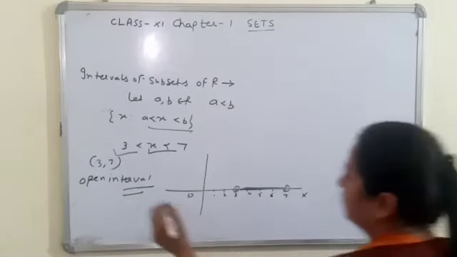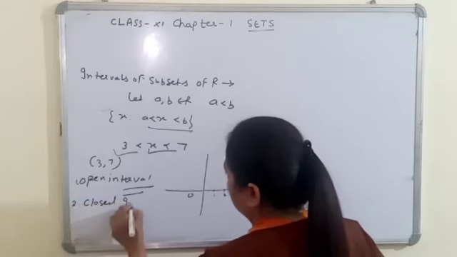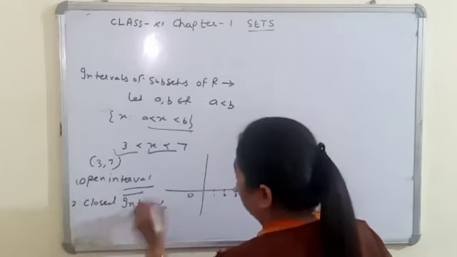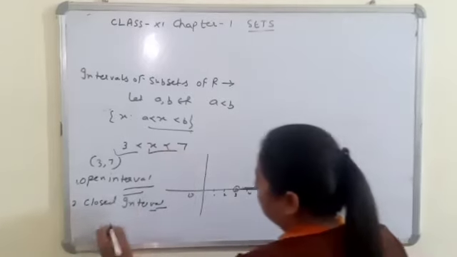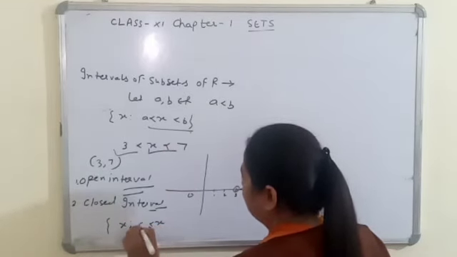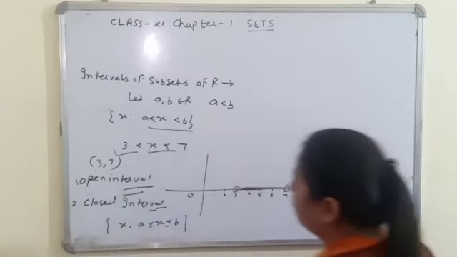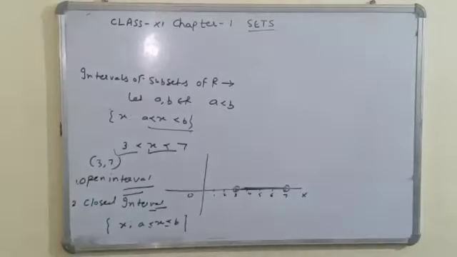Now second we will discuss the closed interval. In the closed interval, the set is {x : x is greater than or equal to a and less than or equal to b}.